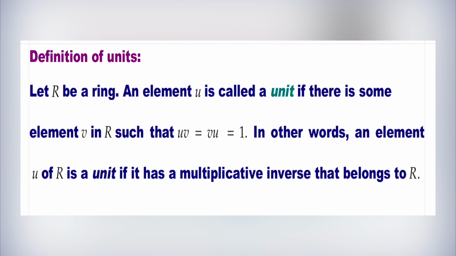Let R be a ring. An element u is called a unit if there is some element v in R such that uv equals vu equals 1. In other words, an element u of R is a unit if it has a multiplicative inverse that belongs to R.